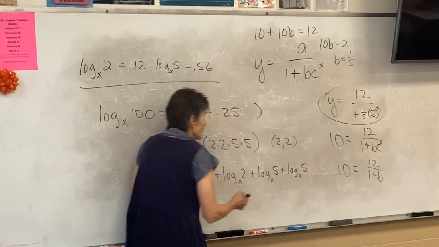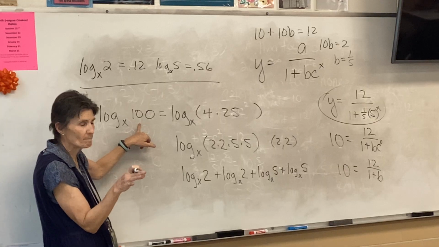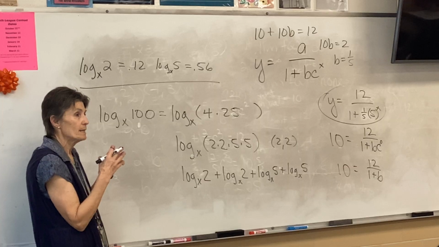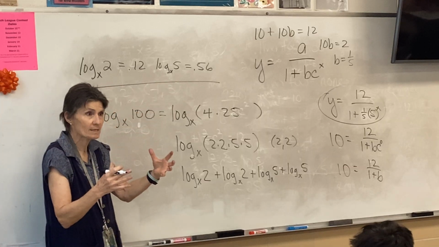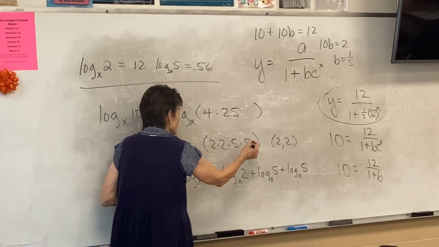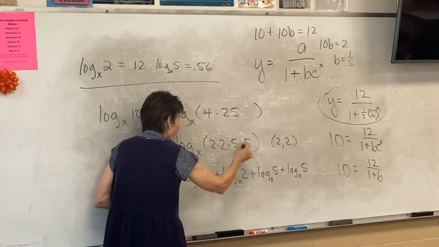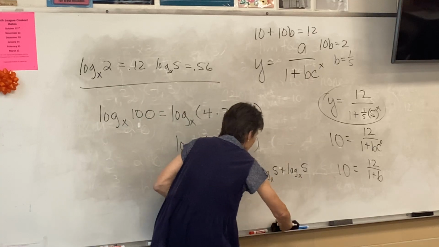So we took the 100, which was the problem, we broke it up into 2s and 5s because that's what the given was. 2 times 2 times 5 times 5. When you take the logarithm of a product, you can split it up into a sum.